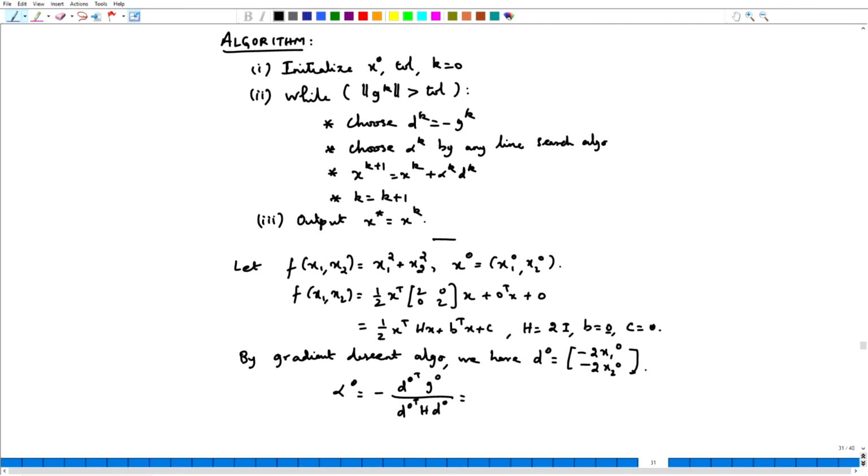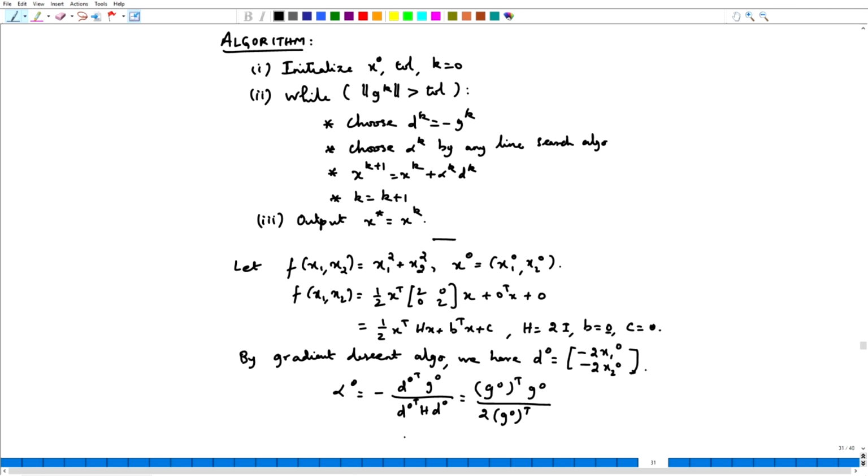Now d 0 transpose is just minus g 0 transpose, so this will be g 0 transpose g 0 by, since h is 2 I, 2 into g 0 transpose g 0, because d 0 is again minus g 0.